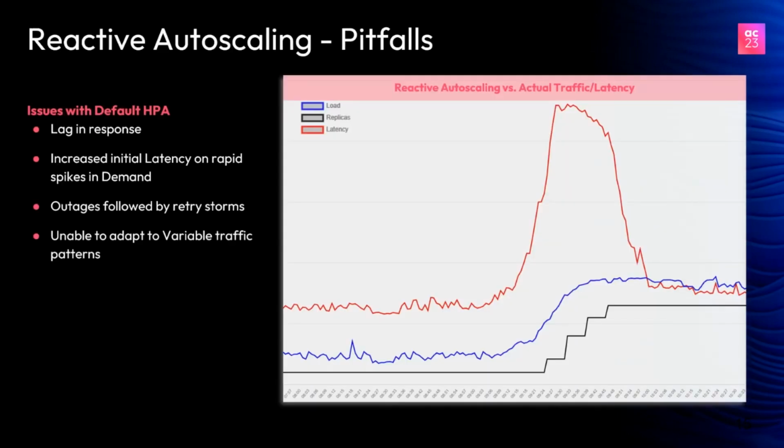So here we see an example of reactive autoscaling, and how with just reactive autoscaling you cannot have a very responsive application running. Here you can see that the blue line is the load, and you can see it increasing at around, I don't think you will see the time here, but it's around 9 o'clock. It's probably users logging in or something, and the load is increasing.